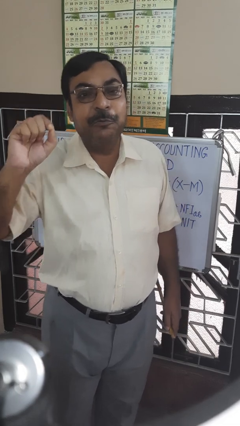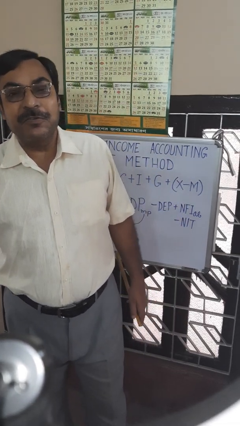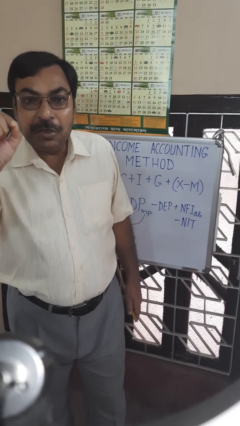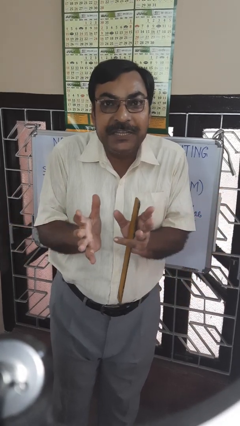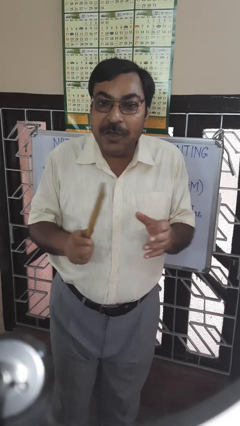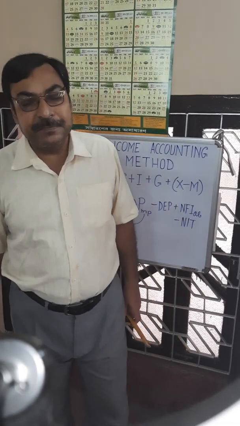Another important component is inventory accumulation or change in stock. This stock comprises stock of raw materials, stock of semi-finished goods, also stock of finished goods. The change in all these types of items in one financial year is called change in stock or inventory accumulation.